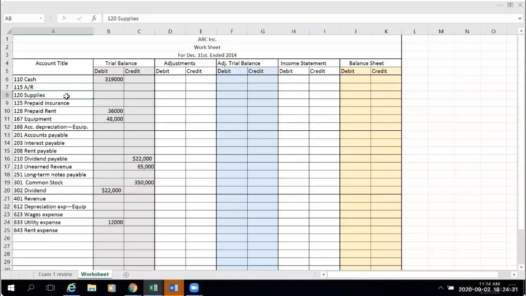If you buy equipment, you don't record equipment as supplies. Why? Because supplies is something that you're going to use within a month or 2 or 3, right? But equipment is something that you use for many years. That's why equipment gets capitalized. What does it mean that it gets capitalized?